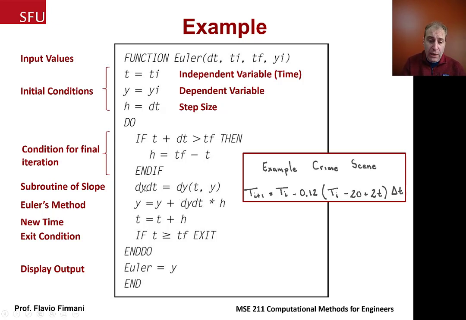And then once this one is established, we're going to substitute it into Euler's equation. And then once we determine the new value of t, we're going to find the next step for the time, and we do the comparison if t is equal to or greater than tf.